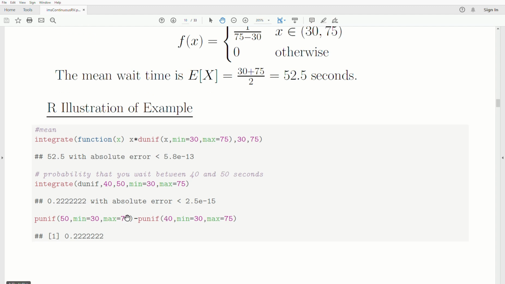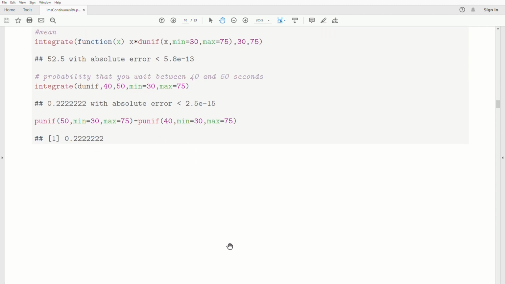Another way to do it in a uniform distribution is the difference of CDF functions, and that's punif. dunif is density, punif is the CDF. So we take punif of 50, where the uniform goes from 30 to 75, and we subtract off punif of 40, where the uniform goes from 30 to 75, and we get 0.22, as we should.